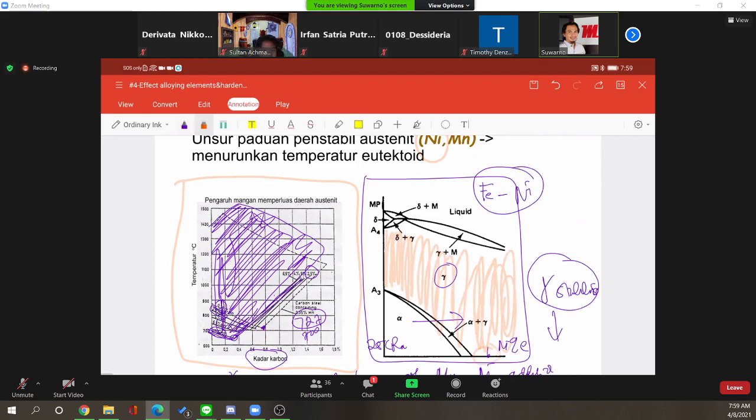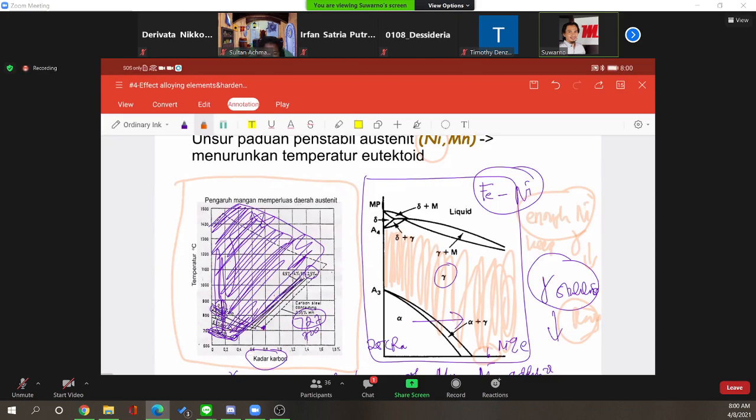If you have enough nickel, you can keep the gamma phase to room temperature. What do you think? What does it mean for you?